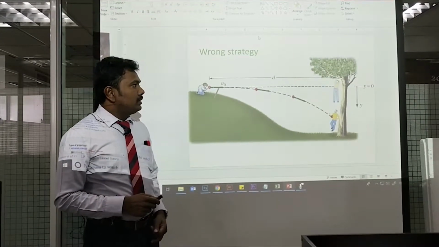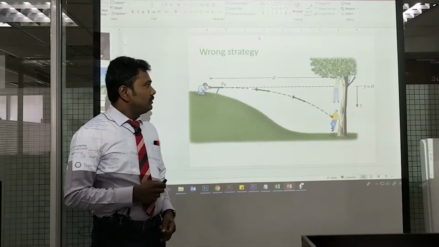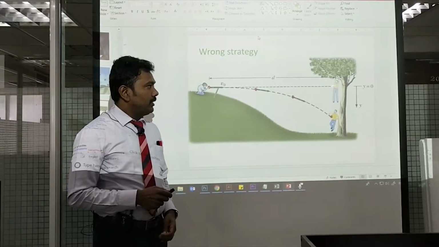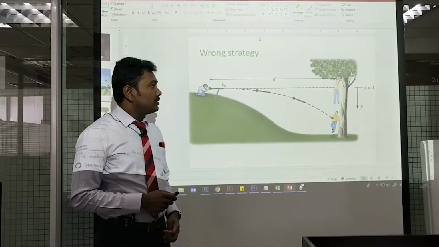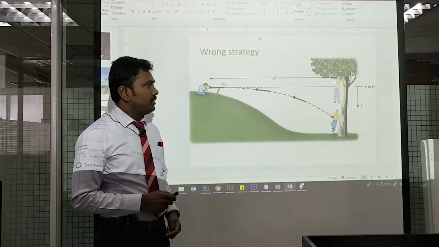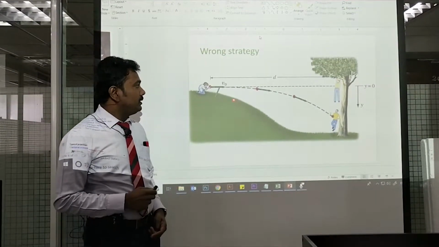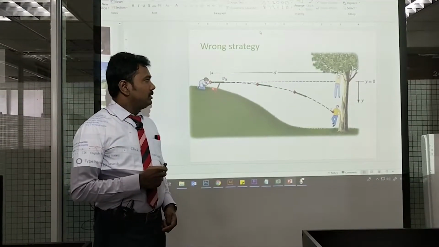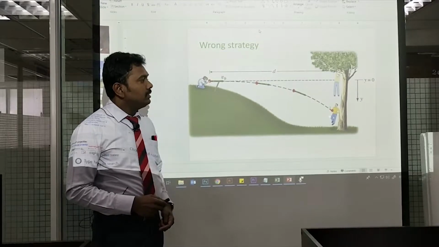The second student thinks the water balloon will travel straight and hit him. So, to escape from the shot, he releases himself from the tree and drops onto the ground. But the water balloon travels in a curved path and hits the second student.